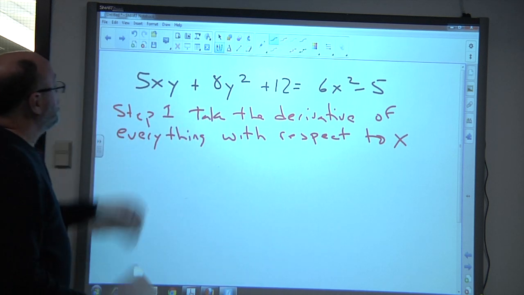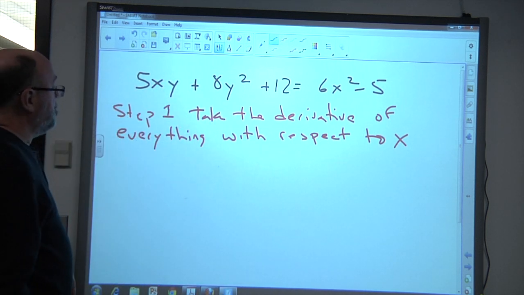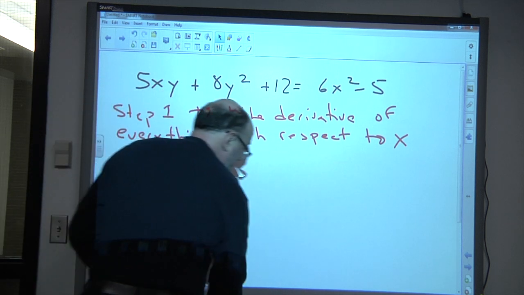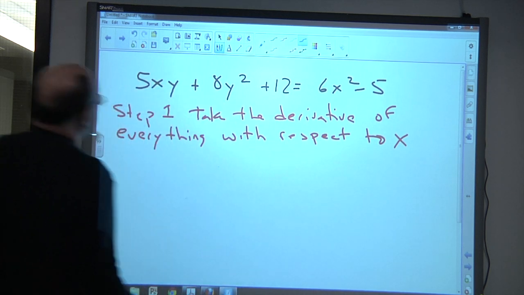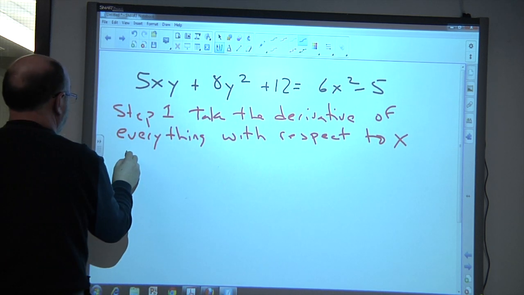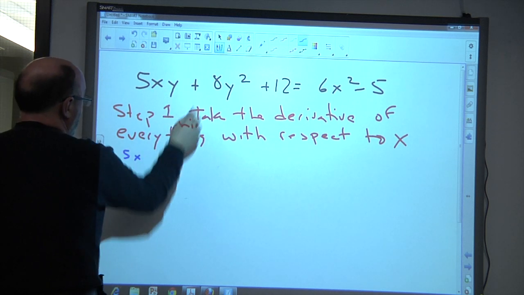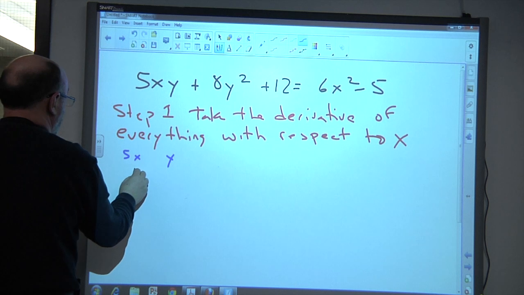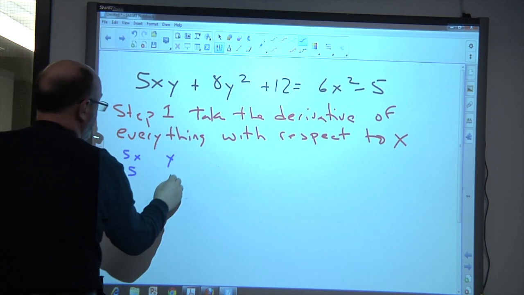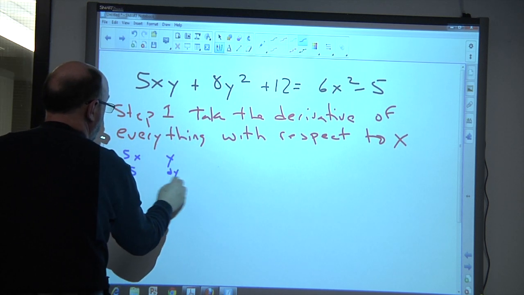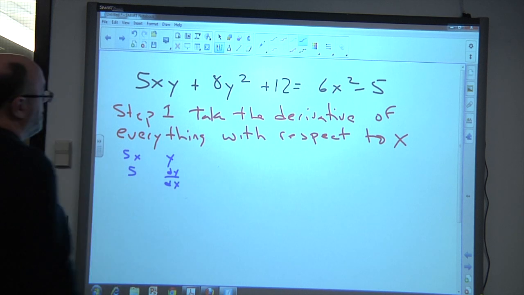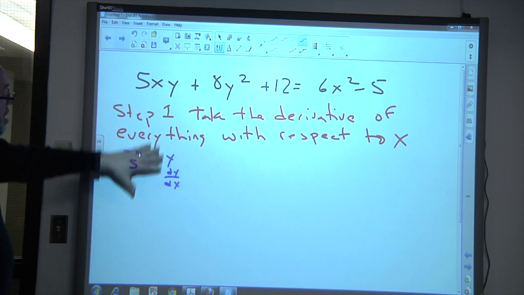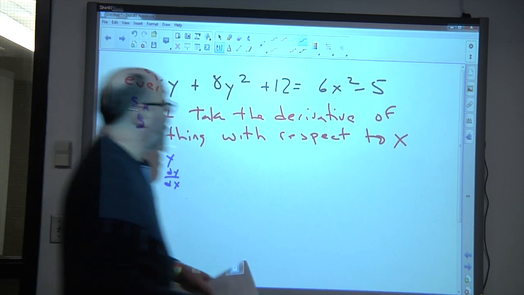So I look at this first part. This is product rule. And so let's actually break that out into the pieces here. So let's say the first piece is 5x. The back piece is y. Derivative of 5x is 5. The derivative of y is dy dx. Right? So then I just took this, broke it out like we did before when we talked about product rule.